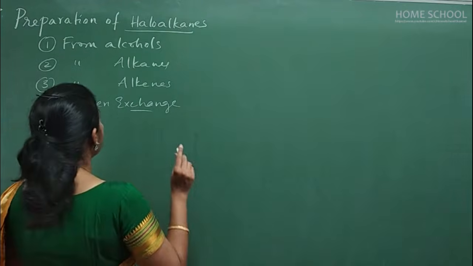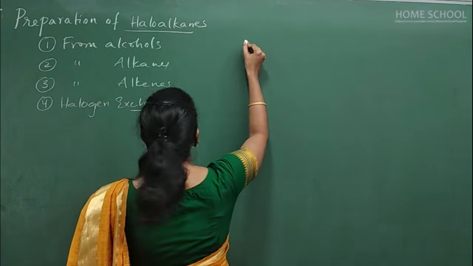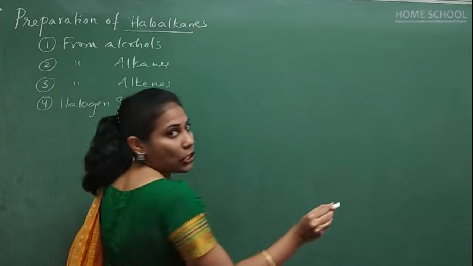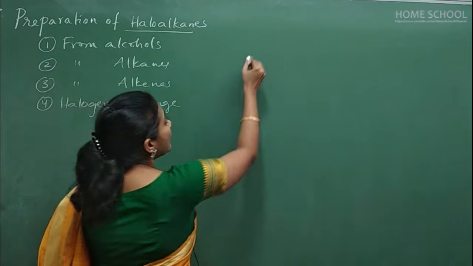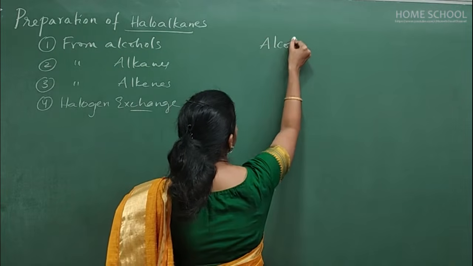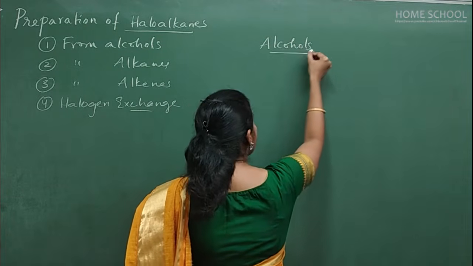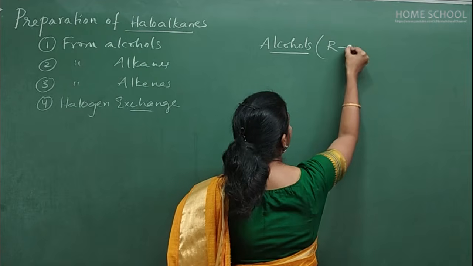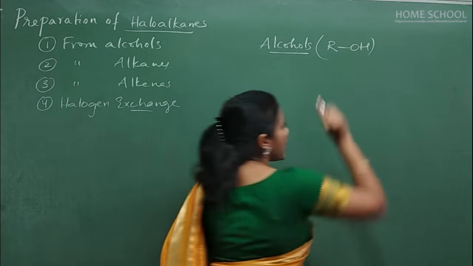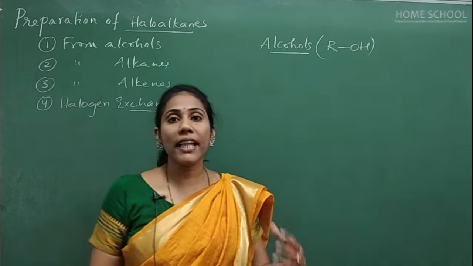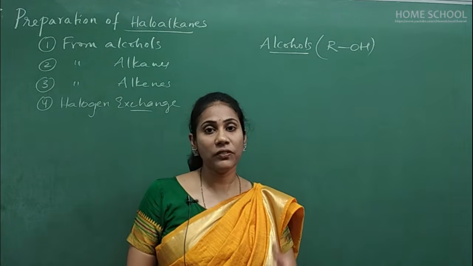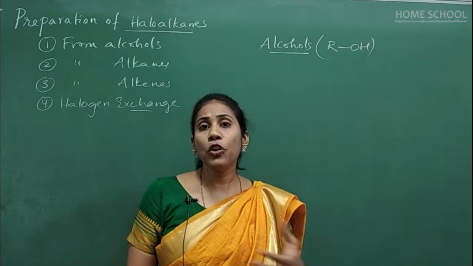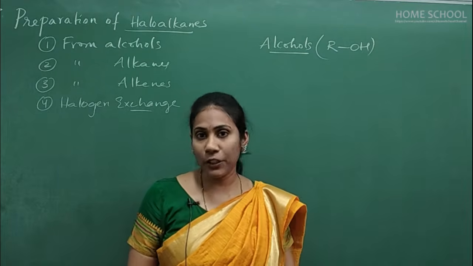First, let us understand everything from alcohols, how to prepare haloalkanes from alcohols. We all know the general formula of alcohols is ROH. R can be any organic group. It can start from simple CH3 group onwards and it can go up to a complex organic group also.